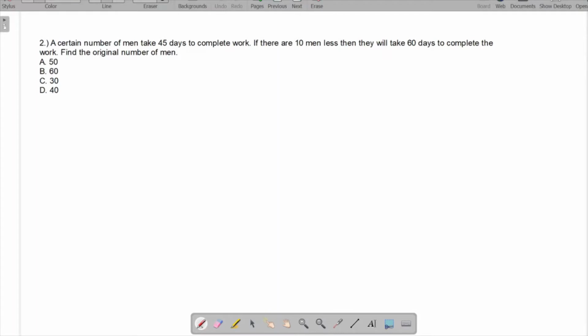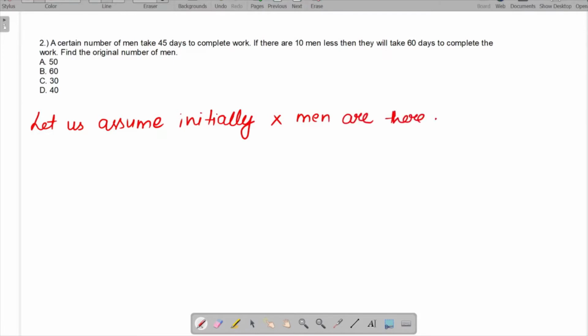So first of all, let's assume that initially there are X men. If X men take 45 days, that is X into 45, then if there are 10 fewer men, that is X minus 10, it will take them 60 days to complete the same amount of work.